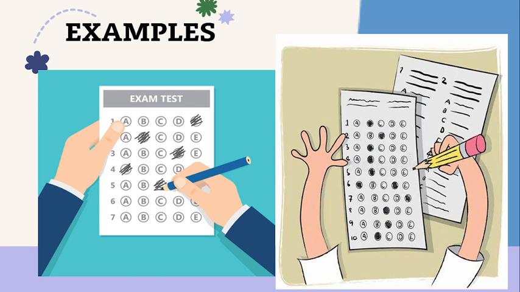So for example here, in number 1, E is the correct answer. Then A, B, C, and D are the incorrect answers, also called the distractors.